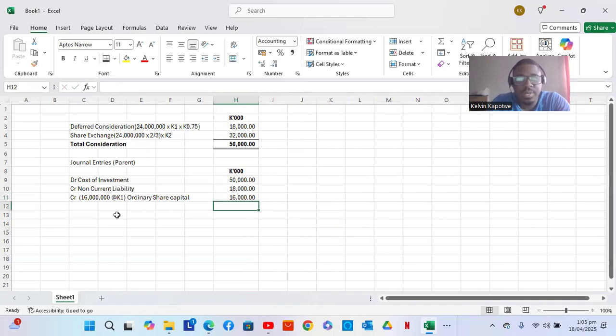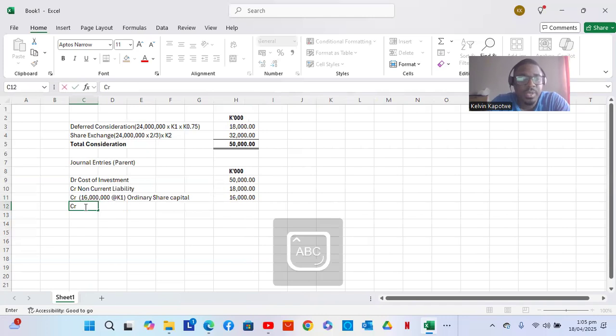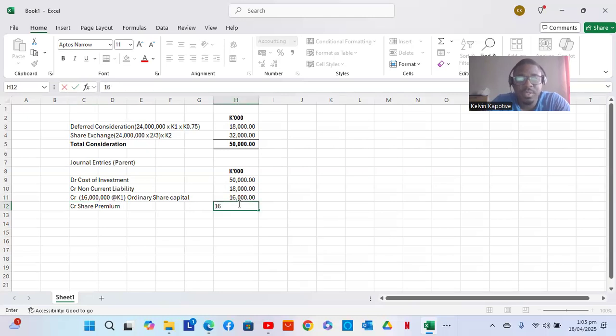And then remember our share premium, we credit share premium. Our nominal value is 1 kwacha. Our market value is 2 kwacha. So we've got a premium of how much? Of 1 kwacha on the shares. So share premium will be credited with the remaining 16 million.